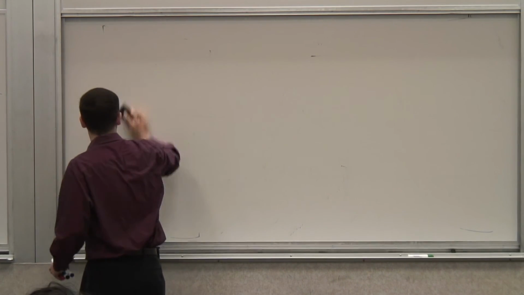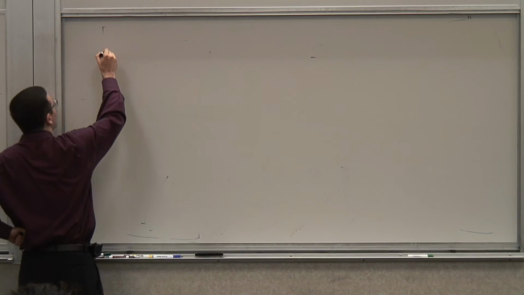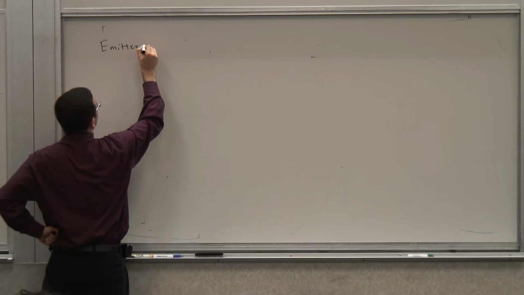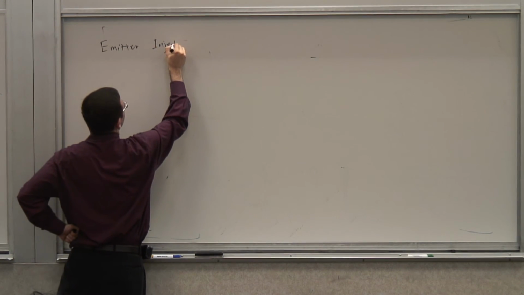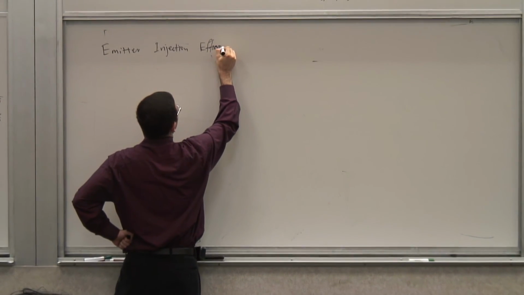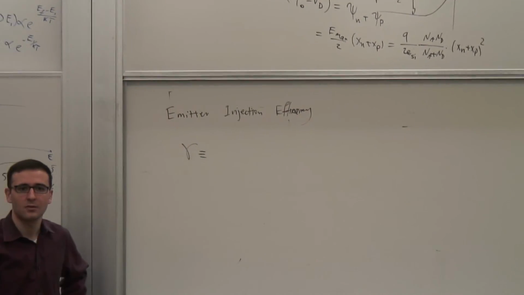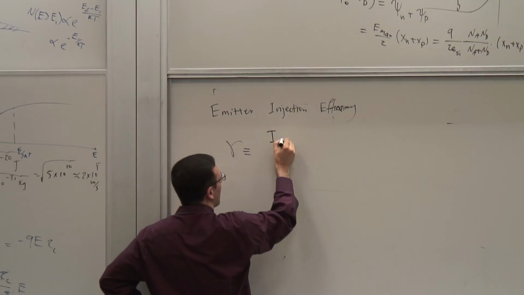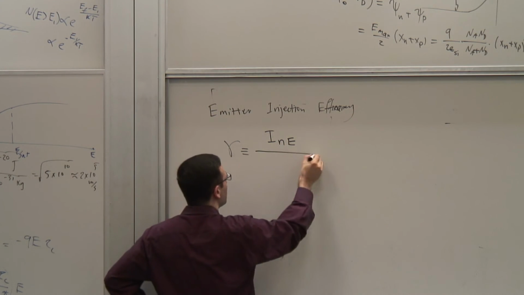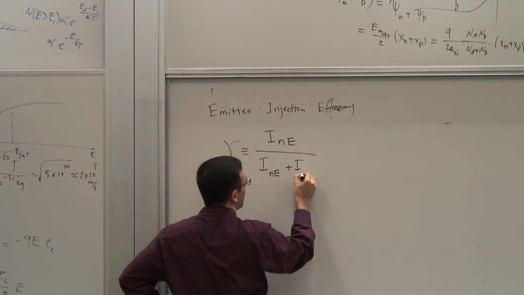So if I look at the total current, the ratio of the electronic current to the total current, I can define this quantity called emitter injection efficiency, which we show as gamma. By definition, it is what? It is the ratio of the electrons injected from the emitter into the base to the total current, the current carried by the electrons plus the current carried by the holes.